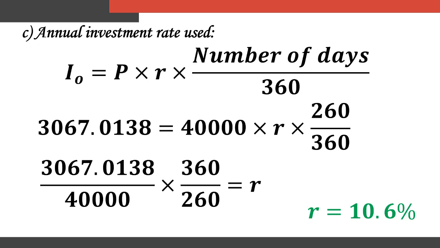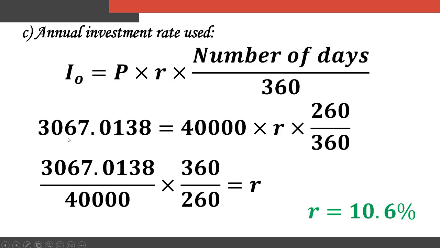Annual investment rate used: I ordinary equals BRT, and T here equals number of days over 360. Note that we use 360 because it's an ordinary interest.